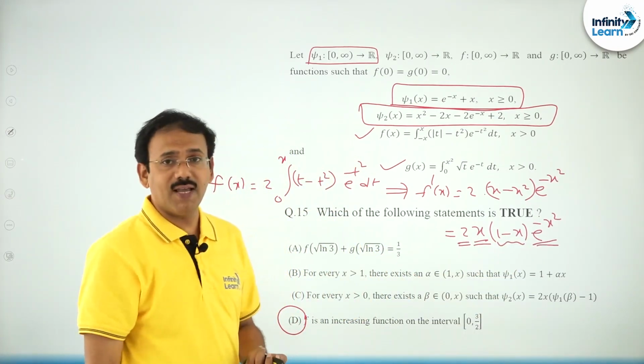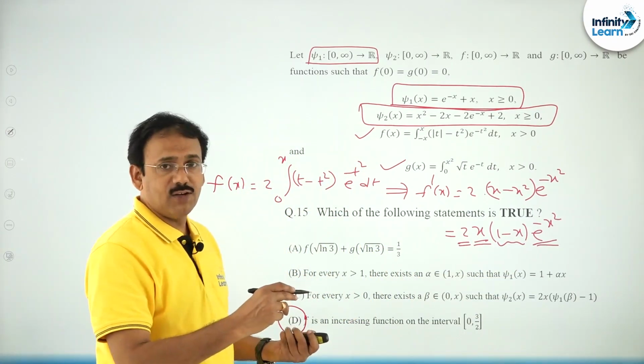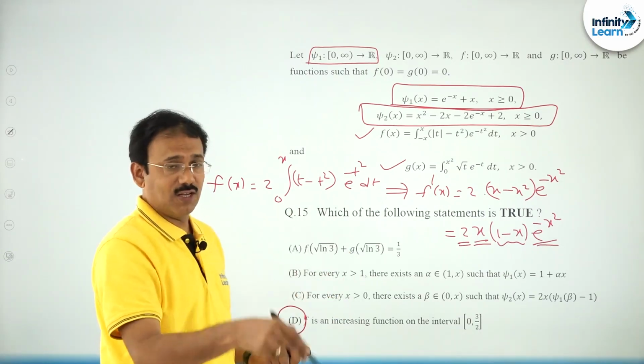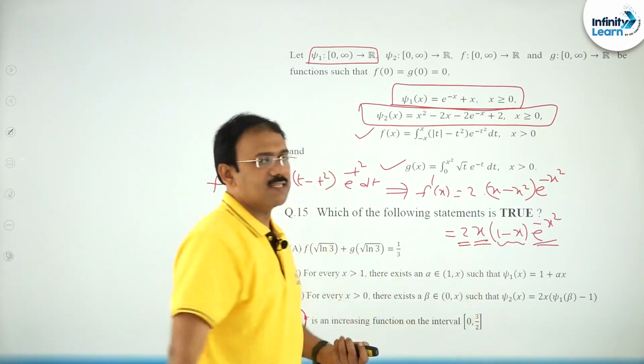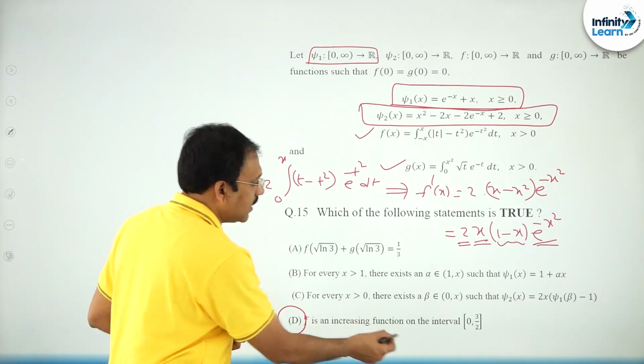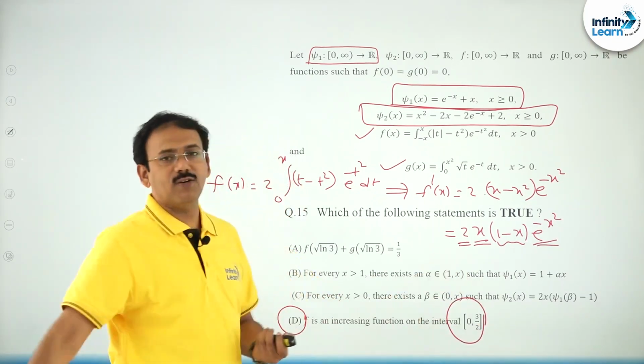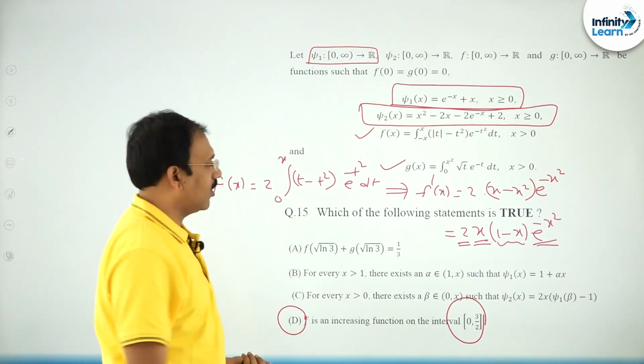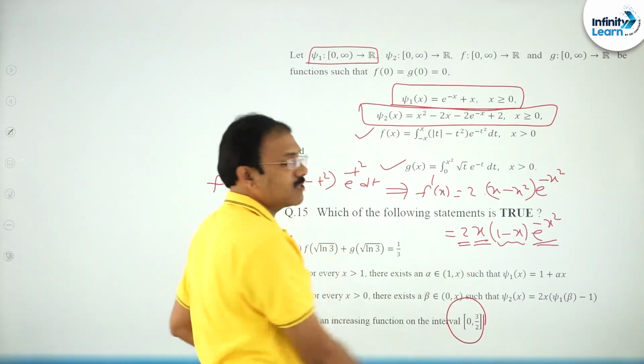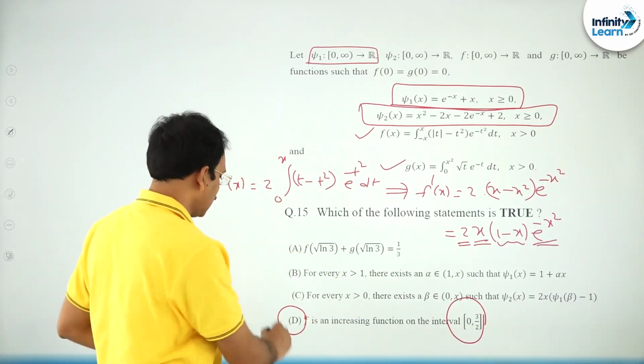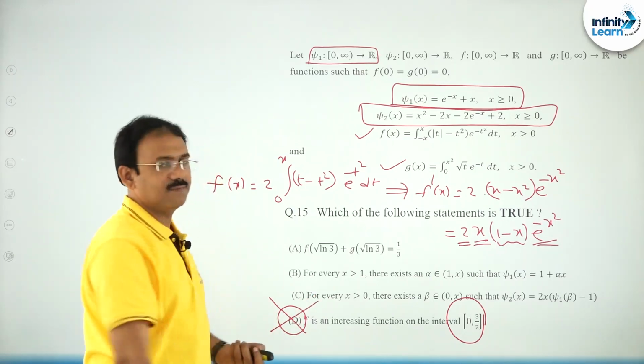So for 1 minus x, if you choose x more than 1 it is negative, so decreasing; between 0 and 1 it is increasing. He said increasing in the interval 0 to 3 by 2, which is absolutely false because it must be between 0 and 1. So option D is wrong.